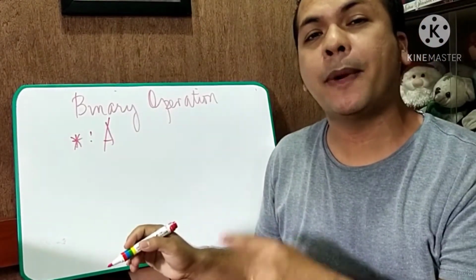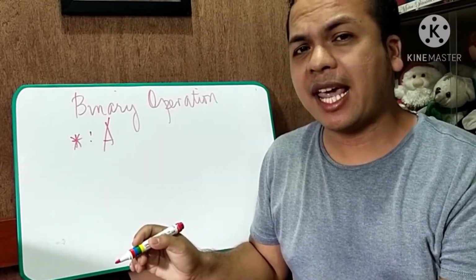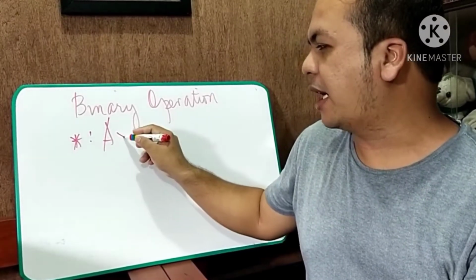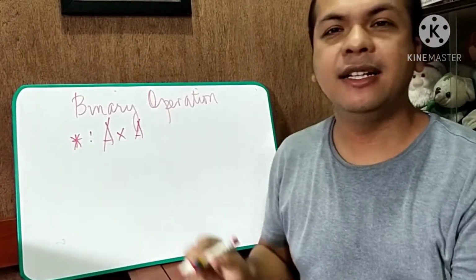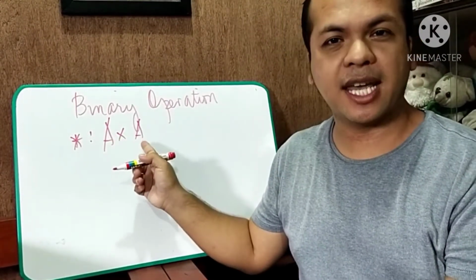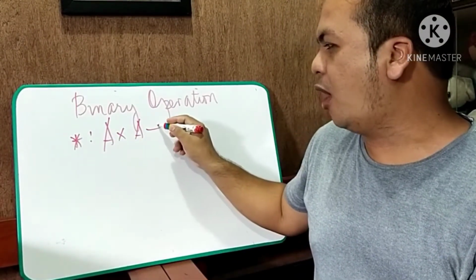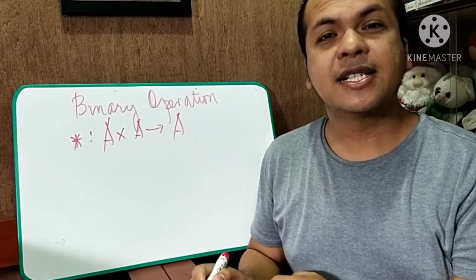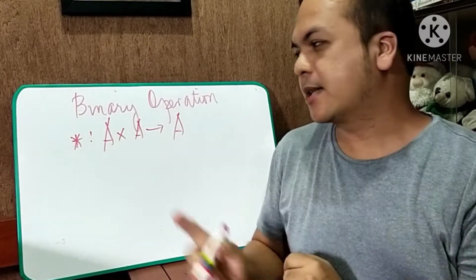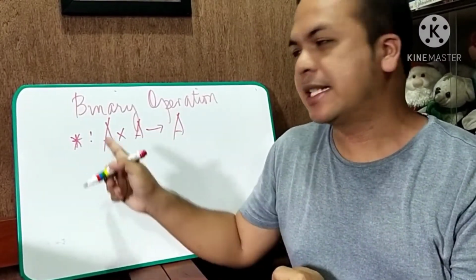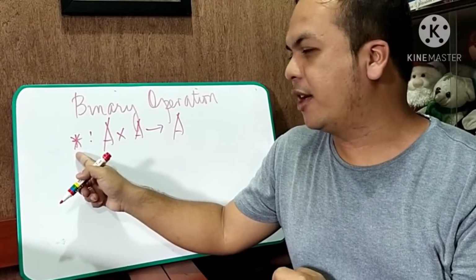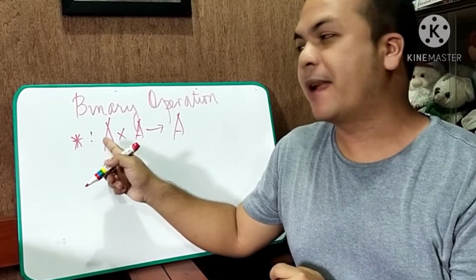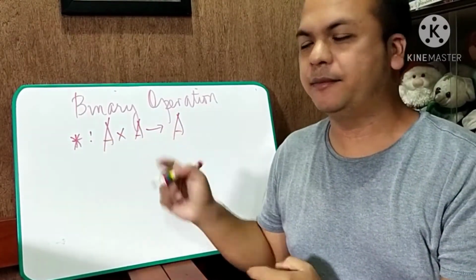Since it is a binary operation on a non-empty set A, the domain will be the Cartesian product of A with itself, that is A cross A, and our codomain is the set A itself. So that is a binary operation.